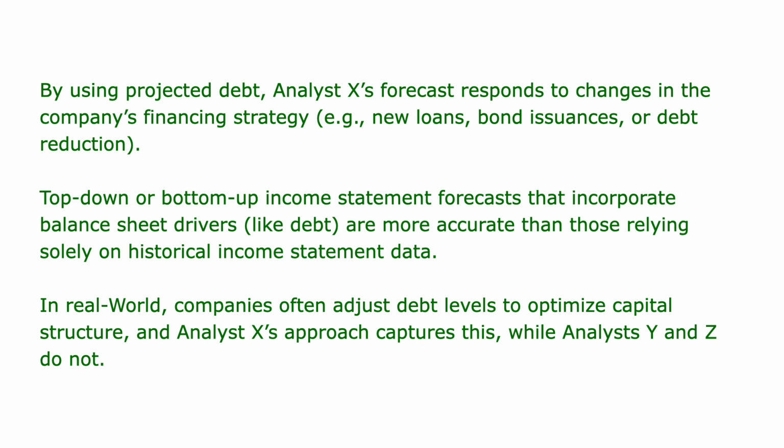Analyst X's forecast is more accurate than Analysts Y and Z's because it incorporates balance sheet drivers like debt. Debt sensitivity: Analyst X's forecast responds to changes in the company's financing strategy. Unlike Analyst Y and Z, Analyst X's approach captures how companies adjust debt levels to optimize capital structure.